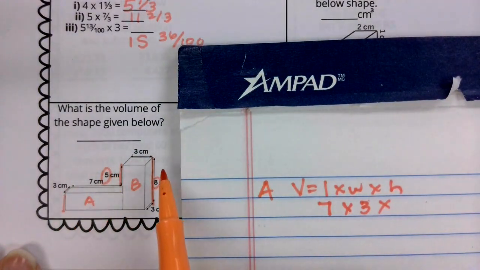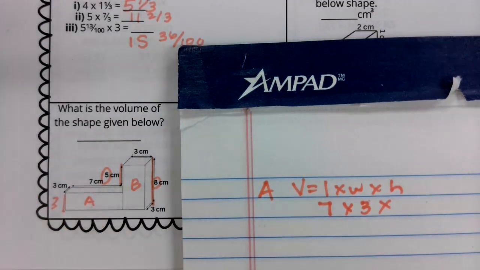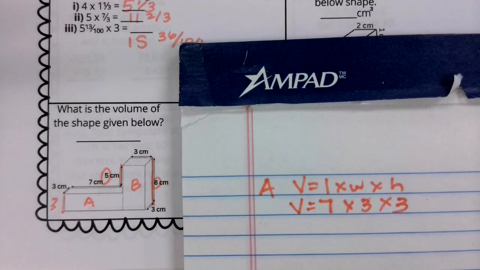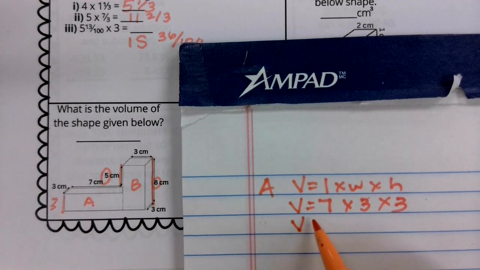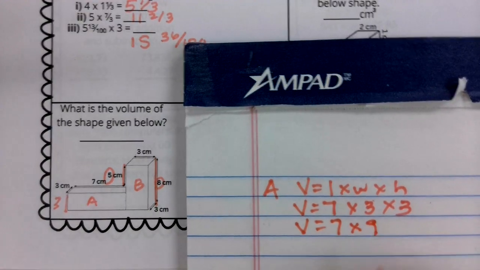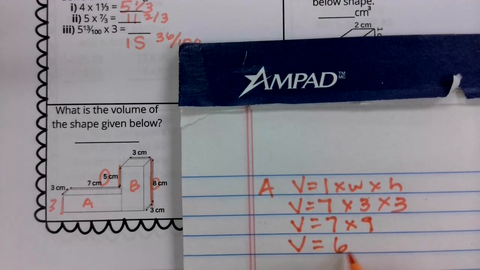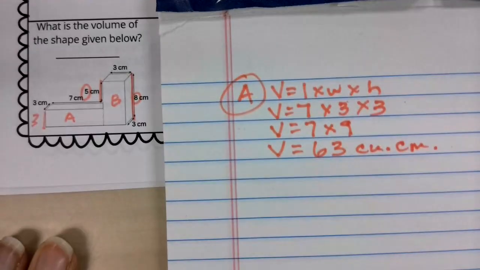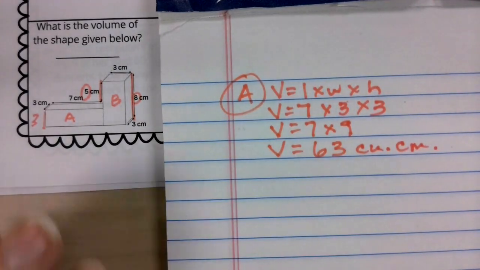What plus 5 equals 8? The height of this is 3. So I'm going to multiply by 3. There's my volume formula that I shall use. Let's go ahead and combine this to be 7 times 9, because I know that is 63, and it's 63 cubic centimeters. That is the volume specifically of prism A.